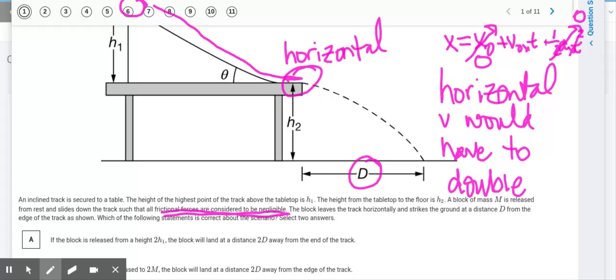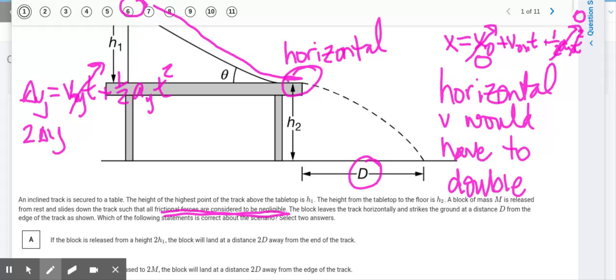Our t isn't going to change. Because this is projectile motion, t depends on our change in y, right? So our change in y is going to be equal to v naught y t plus 1/2 a y t squared. There is no v naught y because it's all horizontal. So t squared equals 2 times the change in y divided by a y, which is -10.